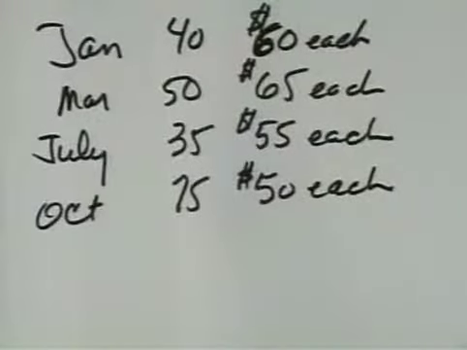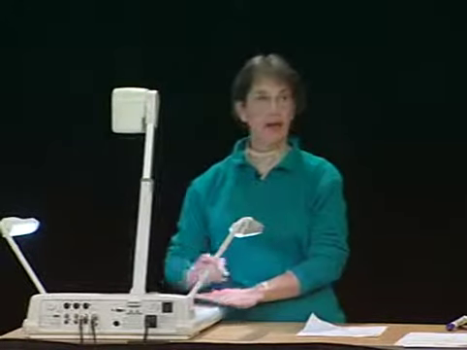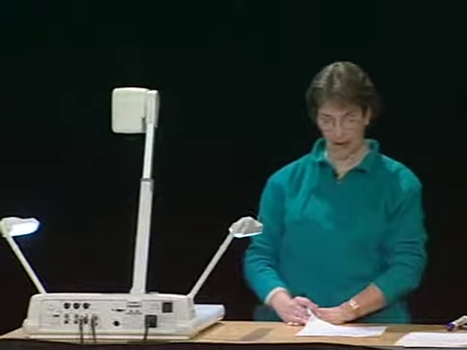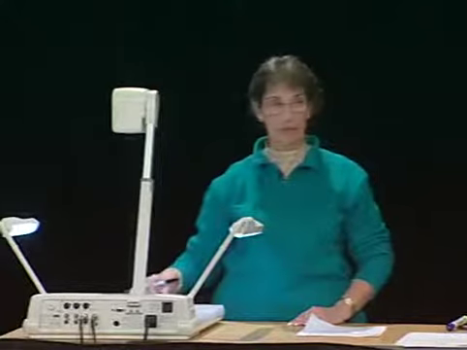Question, how many chairs did we buy total through the year? 200. We bought a total of 200 chairs. What we want to know is, what was the average price per chair? Now, in order to do the average price per chair, we need to extend the price of each one of these.